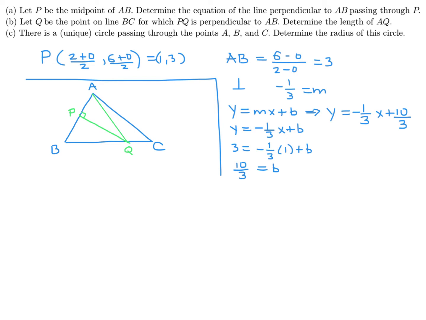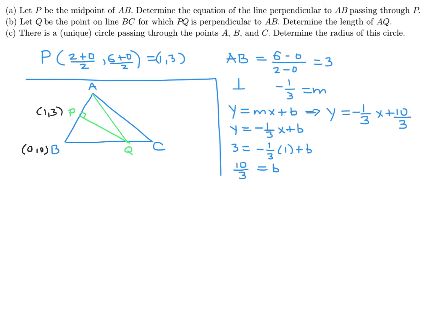All right, so immediately I see a Pythagorean relationship here. PB, PQ, and BQ. And I have all these points, right? P is (1, 3). B was (0, 0). They give that. And Q we don't know.